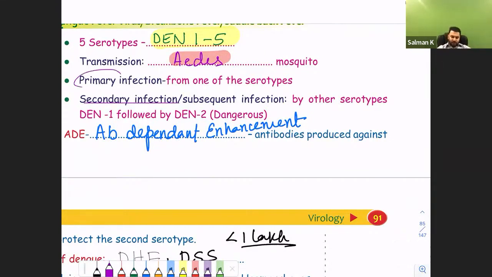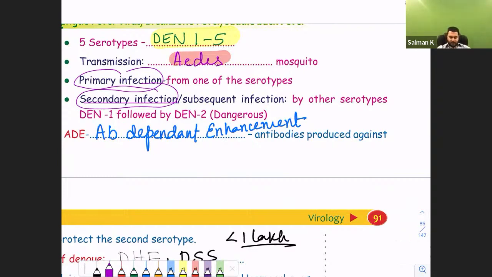This is the first time you were exposed to dengue virus. This is the second time you're exposed to dengue virus. See, the catch here is you should be getting infected with different serotypes, not the same one. Is that clear enough? Okay.